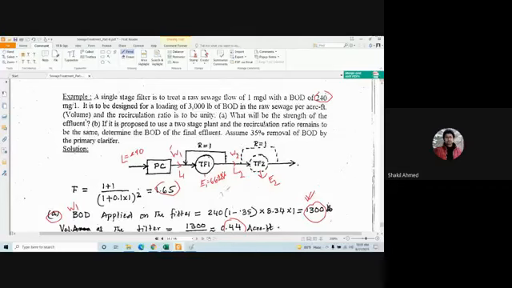W2 will be 1 minus E1 multiplied by W1, because some part of it will be removed in trickling filter 1.